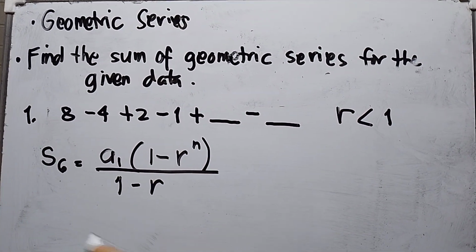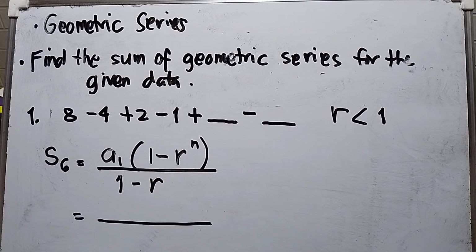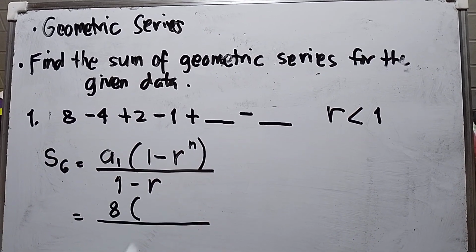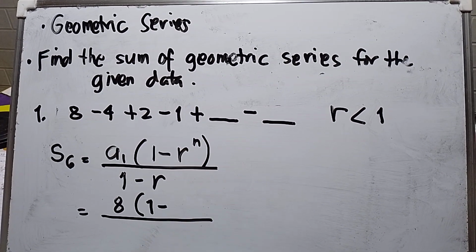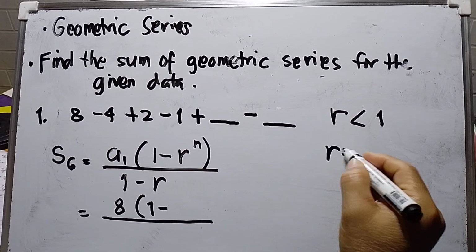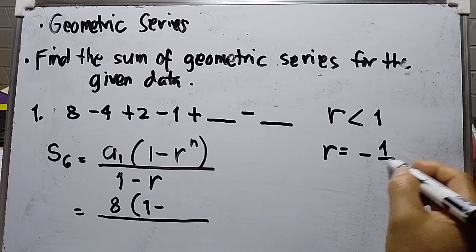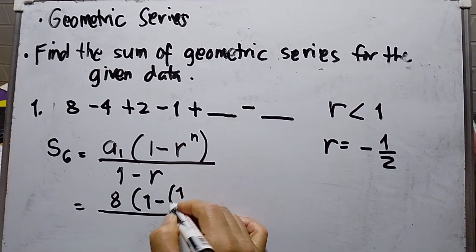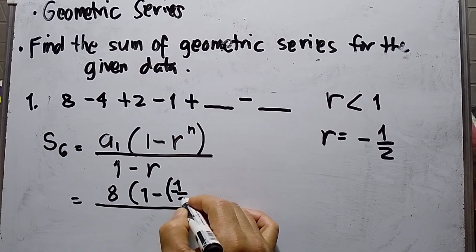Okay? So a1, what is a1? A1 is 8. And then 1 minus our r, which is negative 1 over 2.